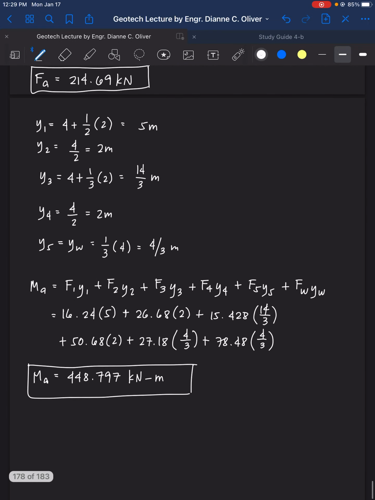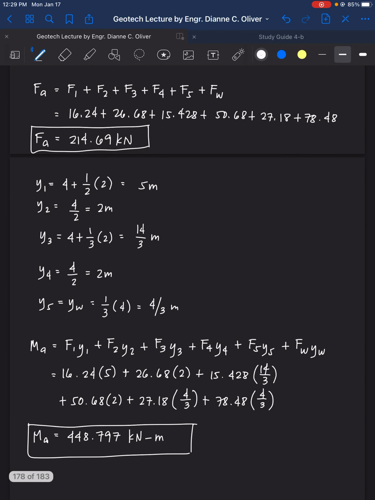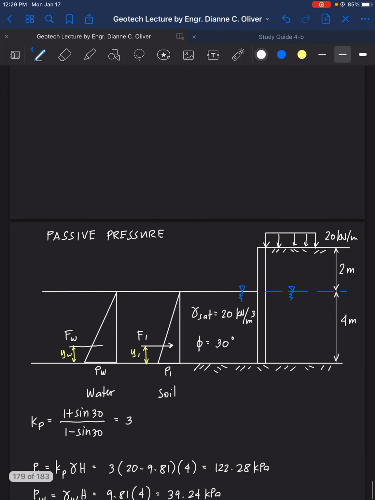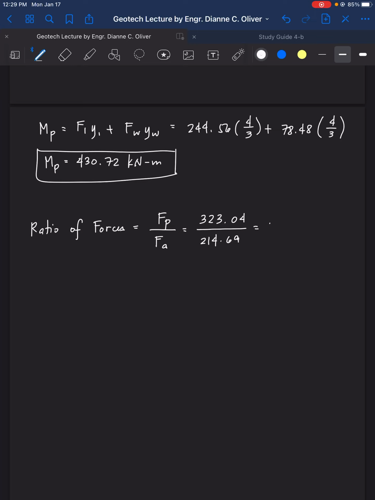Active force is 214.69. The answer here is 1.505. This is greater than 1. So this is okay. That means it is stable.